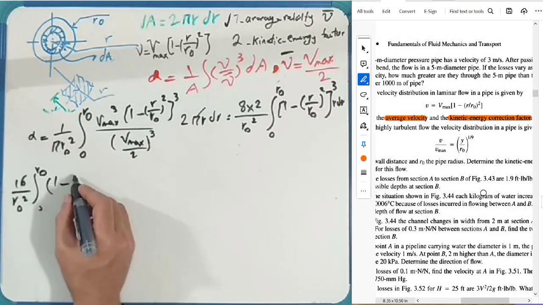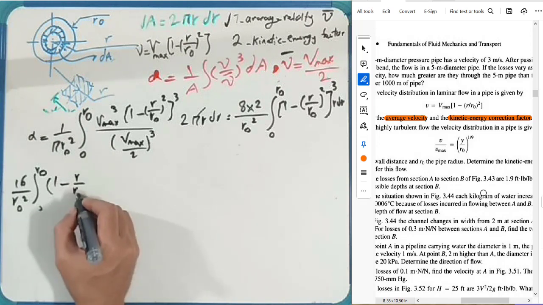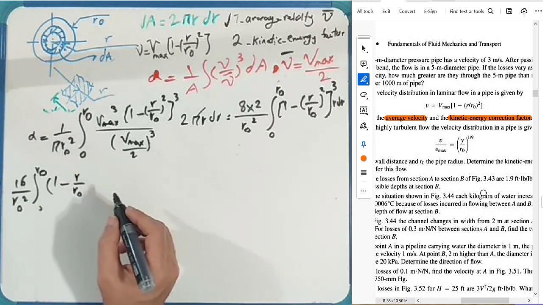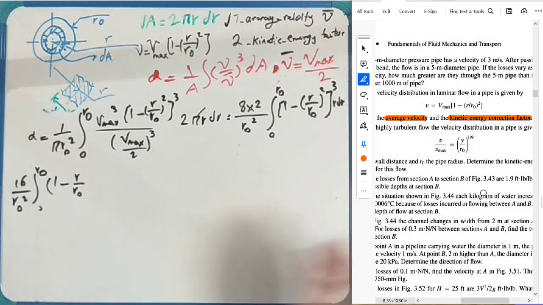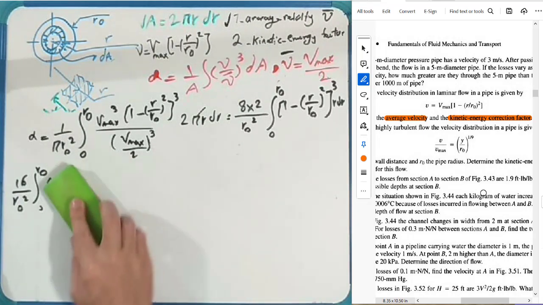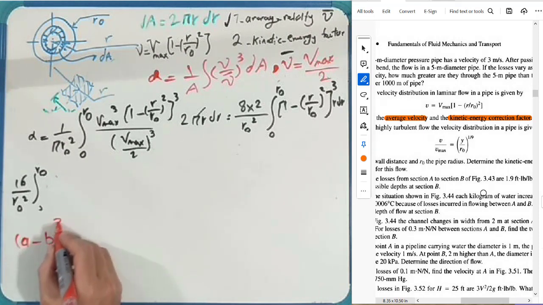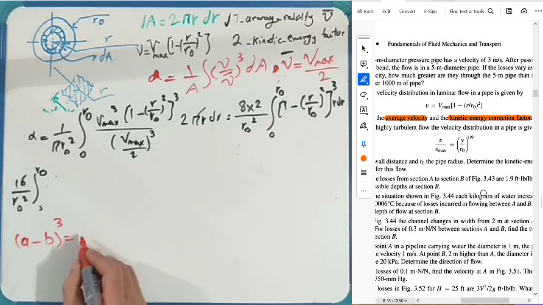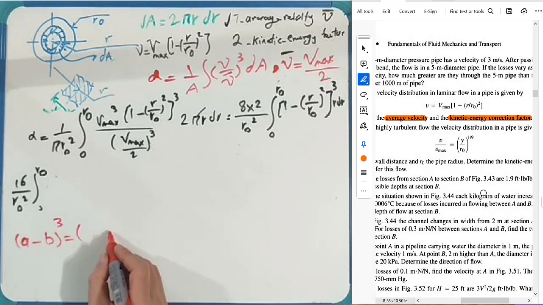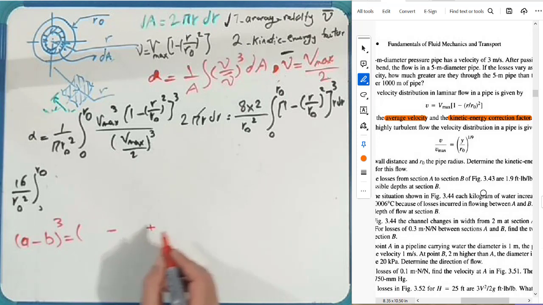(1 minus r over R0)... Okay, but let me write it in this way. As you know, we have this relationship, (a minus b) with power of 3 would be something like that: positive, minus, positive, minus.